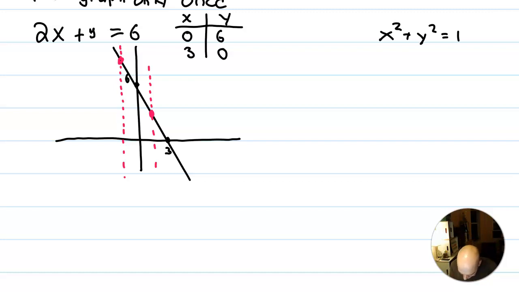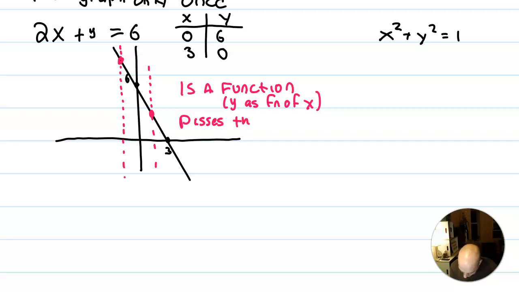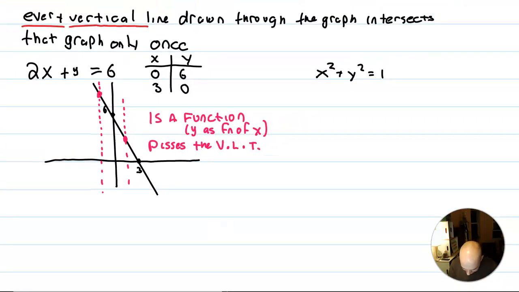So this is a function, say y as a function of x, because it passes the vertical line test. We can say VLT for vertical line test.